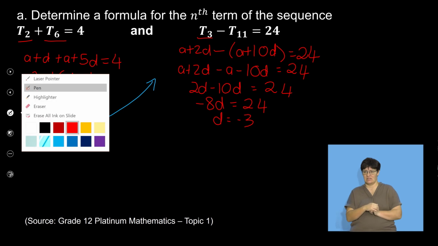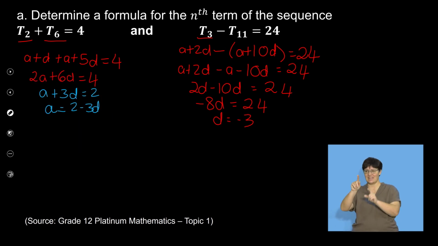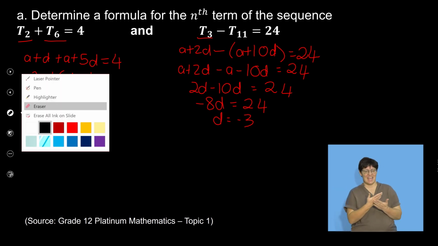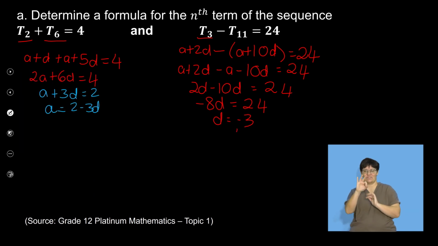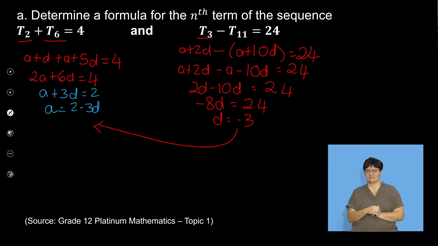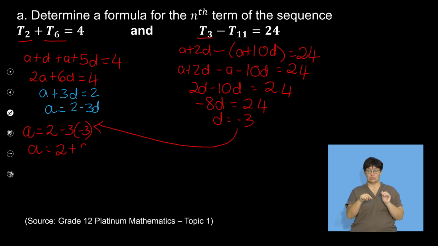So I don't even have to take this A across because I know that D is negative 3. I'm going to take this D across to solve for A. So A is equal to 2 minus 3 times negative 3. So A is going to be equal to 2 plus 9. So A is equal to 11.